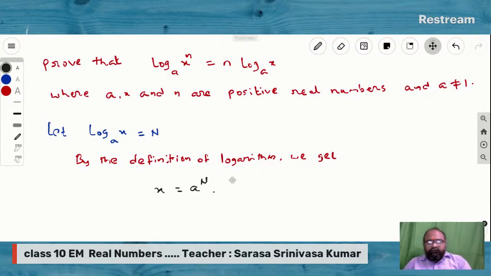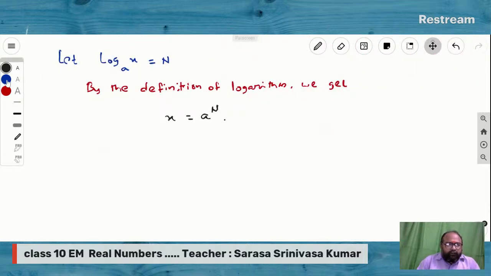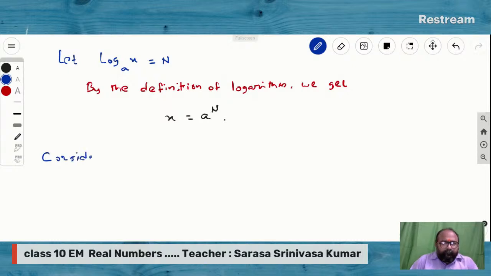Now consider x power n. This is equal to x multiplied by x multiplied by x and so on, n times.